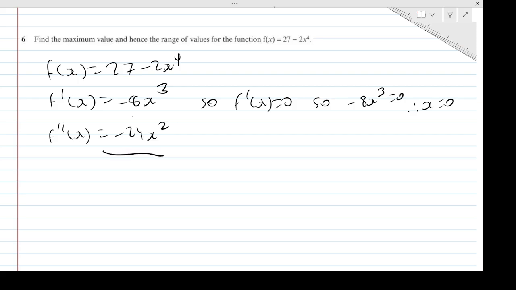Okay, then if I substitute that into my second derivative, so at x is 0, then f double dash of 0 is equal to, well, actually 0, right? So what that tells me is actually it could be a point of inflection. Now I say could be.